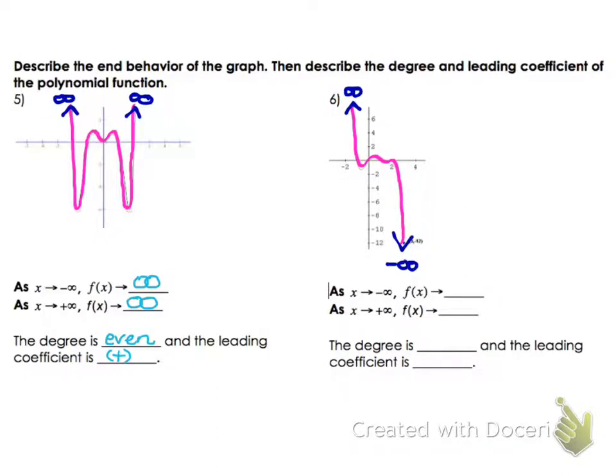So fill in these blanks. As you walk this way, left, the arm is going up. As you walk to the right, the arm is going down. Well, they're opposite, so it's got to be an odd degree function. And since the right arm is going down, then we know the leading coefficient is negative.